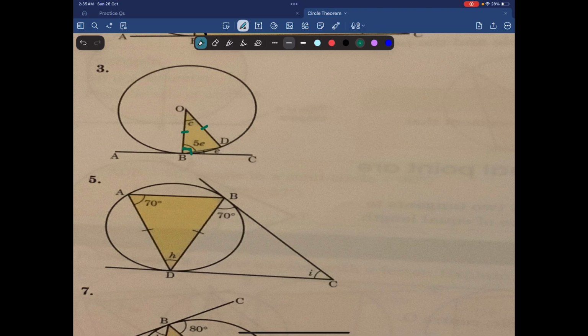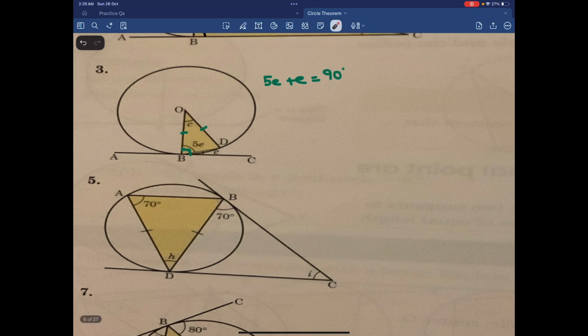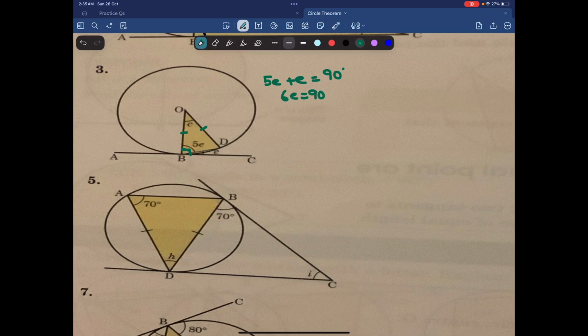So we know that 5e plus e should be 90 degrees, right? Both these angles should sum up to 90 degrees. So 6e is equal to 90 degrees. e is equal to 90 divided by 6, which gives you 15 degrees. e is 15 degrees.